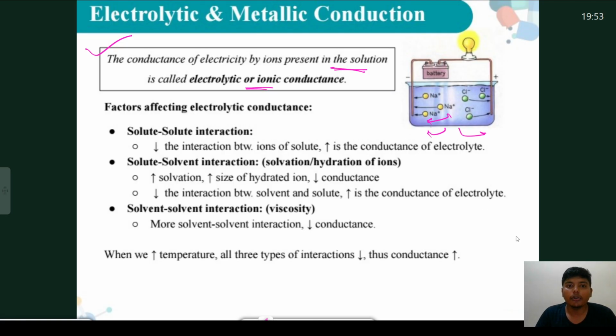Now, what factors will it depend on? First, I'll talk about temperature.